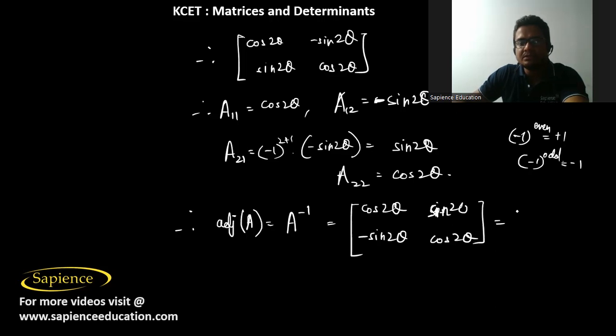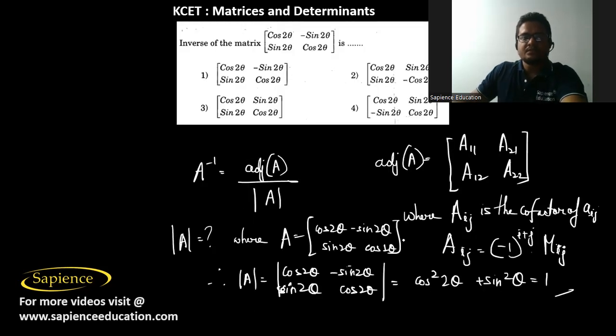This is nothing but the transpose of the matrix A. So that is option 4. Option 4 is the correct answer.